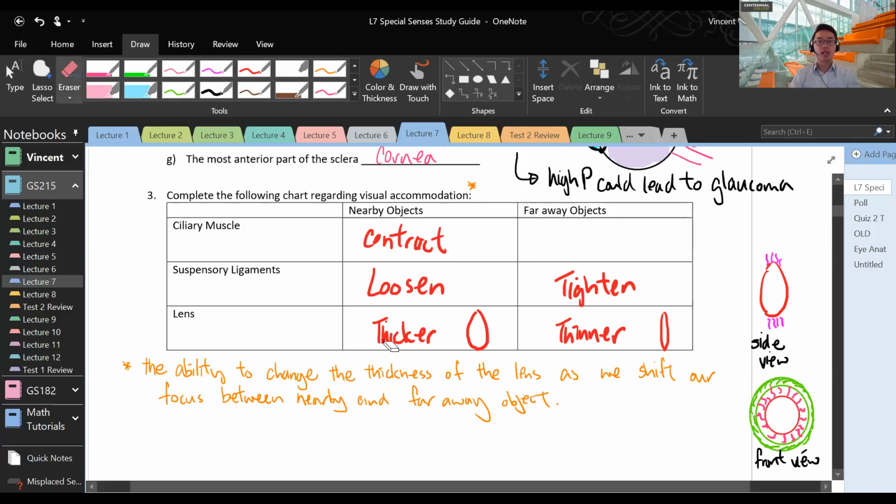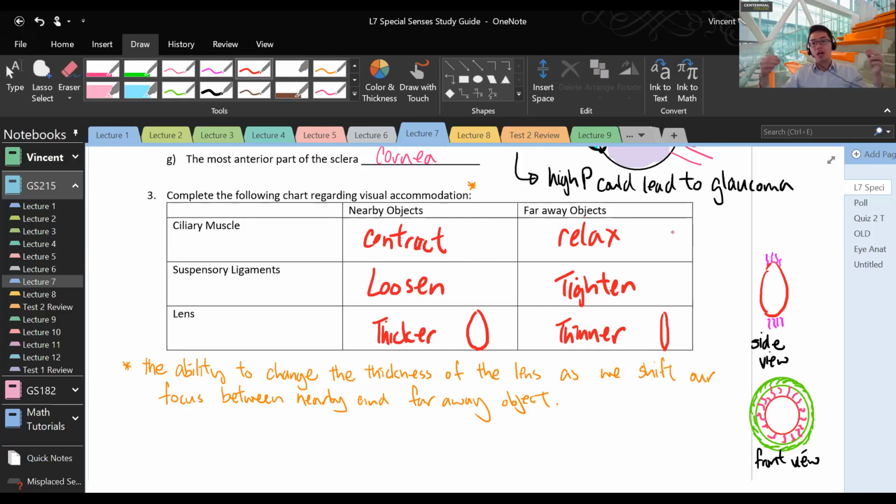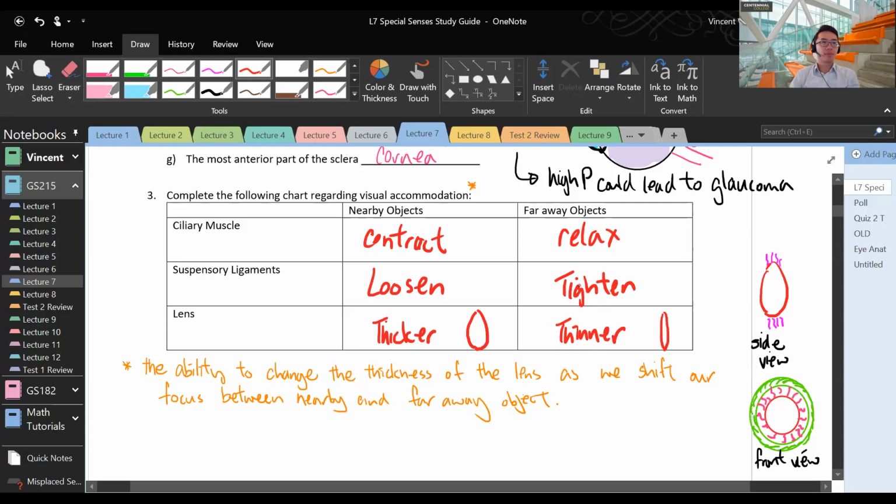Ligaments will be loose, lens will be thick. On the other hand, if you want to look at far away object, then you need to relax the ciliary muscle so it gets really big, right? But by getting bigger, it actually pulls on the suspensory ligaments, and that in turn spreads out the lens because it's being pulled in all direction, and it gets thinner.